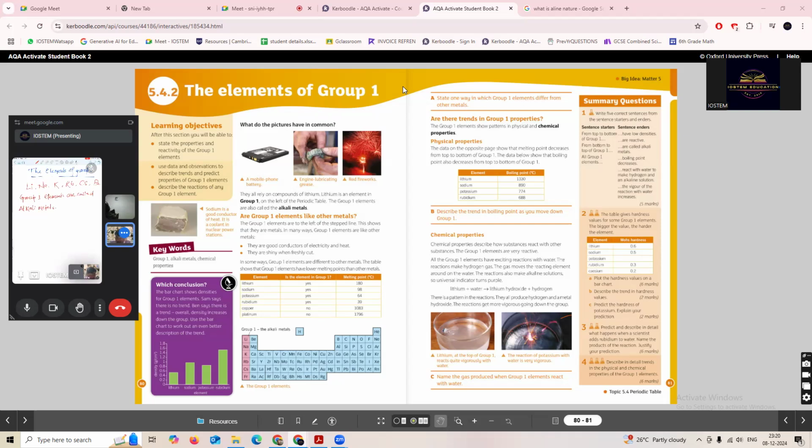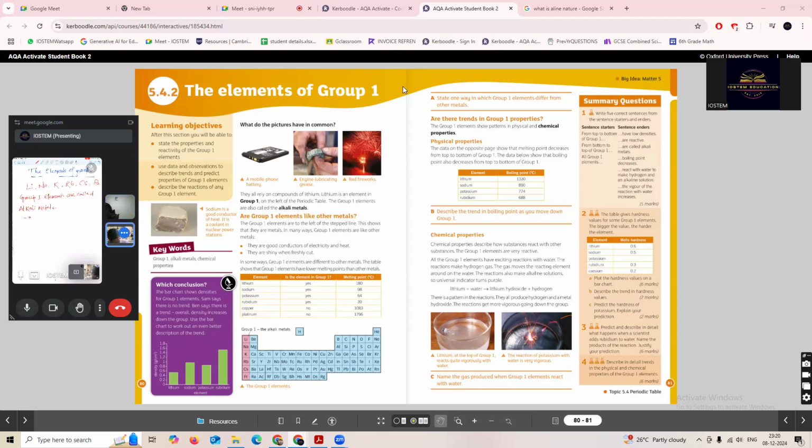Some of the very important properties of alkali metals are: the alkali metals are very good conductors of electricity and heat. They are soft, shiny, and sonorous.